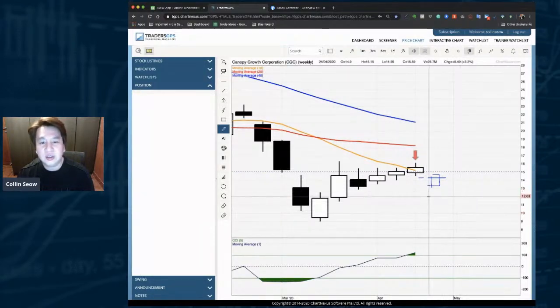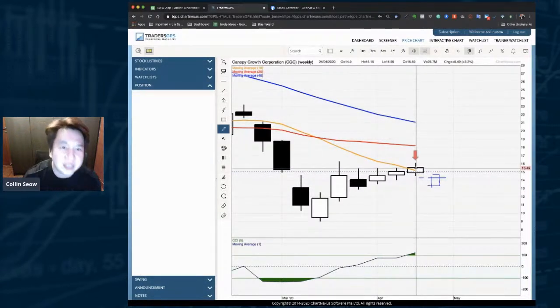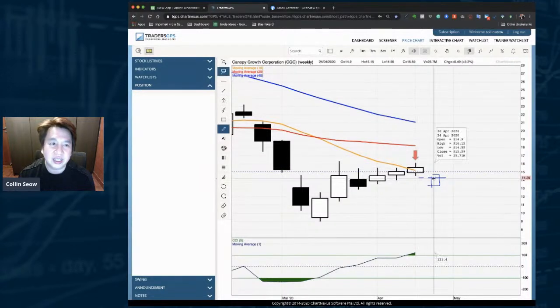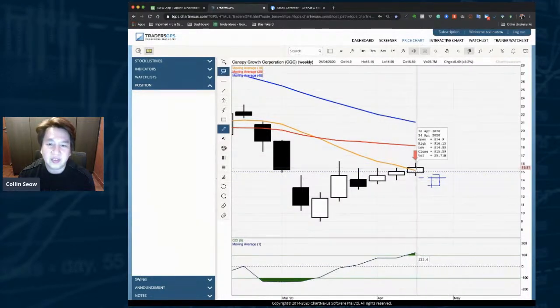So the keyword is if it goes below the low. What's the low? The low right now is 1455 on the weekly chart. So we must go below that low. Currently the price is at 1561, close at 1559.